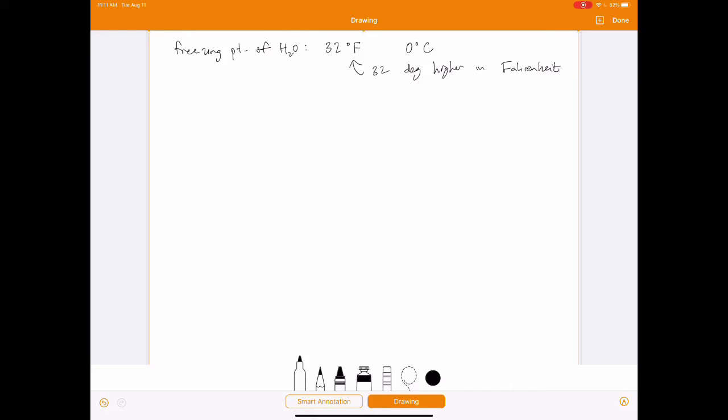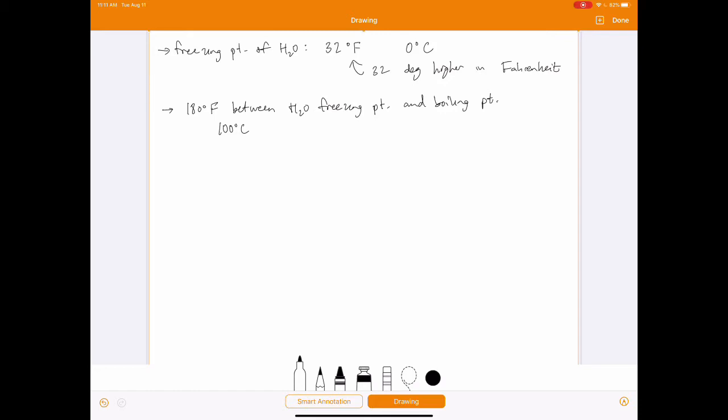Okay, the next fact that we're gonna write down is that there are 180 degrees Fahrenheit between H2O freezing point and boiling point. But if we're using the Celsius scale, we would have only 100 degrees Celsius between those two.